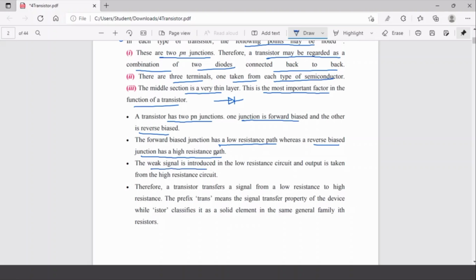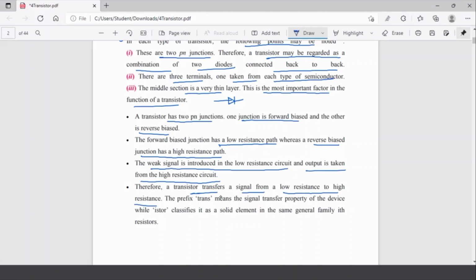So the weak signal is actually introduced in the lower resistance circuit, and the output is actually taken from a high resistance circuit. What will happen? As a result there will be transistor action, which is amplification here. So therefore this transistor transfers a signal from a low resistance to a high resistance region.